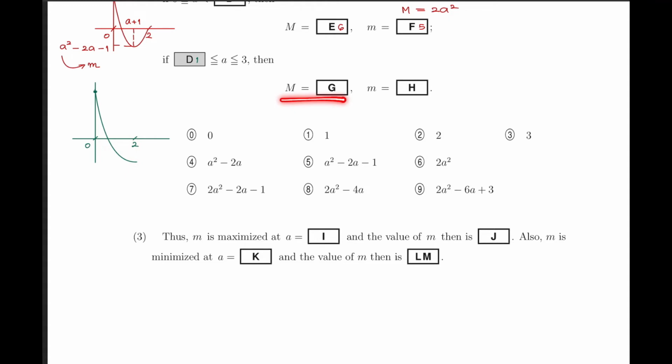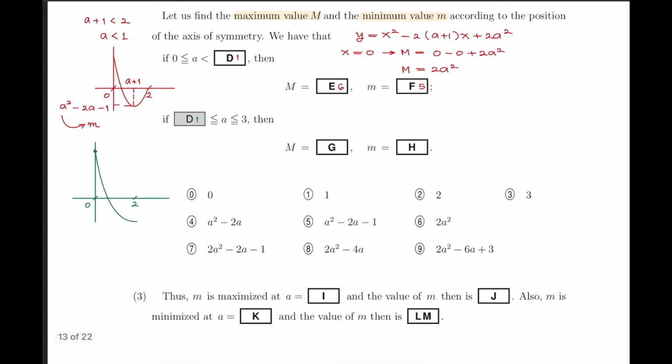So to find the maximum value, I will substitute x equals 0. If I substitute x equals 0 into this expression, of course, I will get the same answer as this. So the capital M here must be the same as the earlier result, which is 2A squared. 2A squared is number 6.